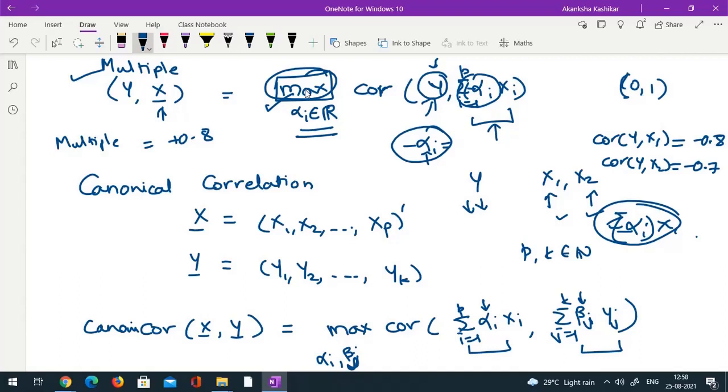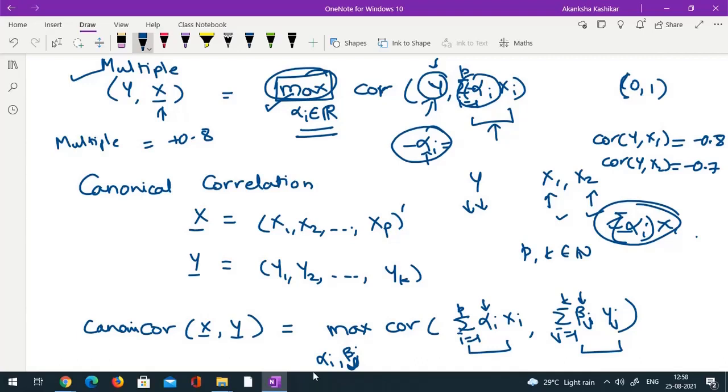They don't even have to change the magnitude, just multiply by -1, and your correlation will change in sign. And because we are taking the maximum, we have to go with the positive sign, because the positive one is always going to be larger. The same story is going to happen here in canonical correlation.